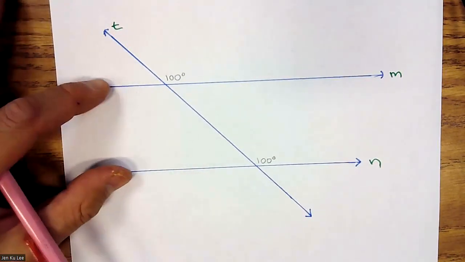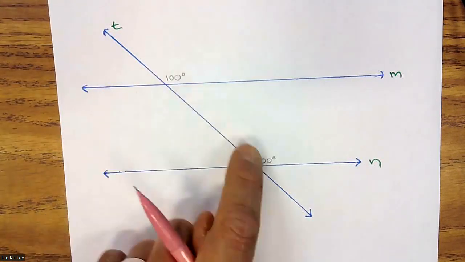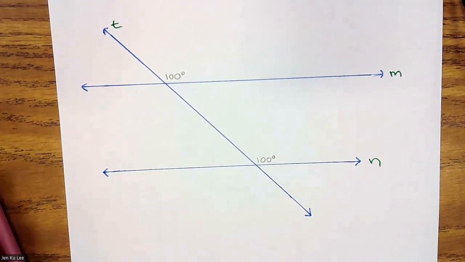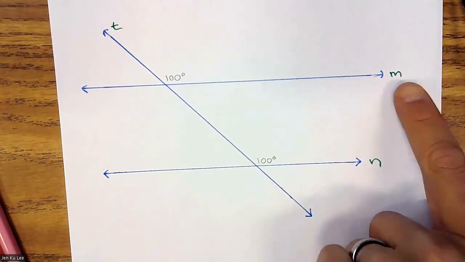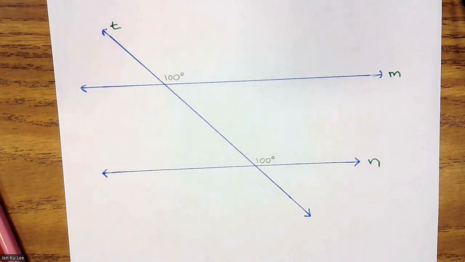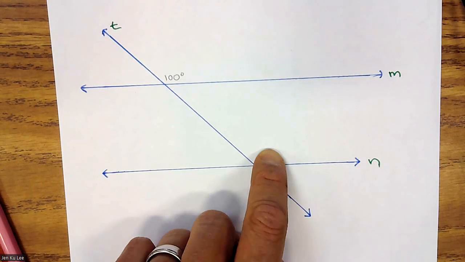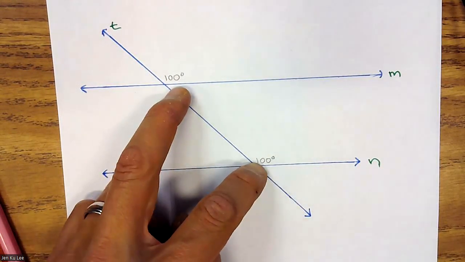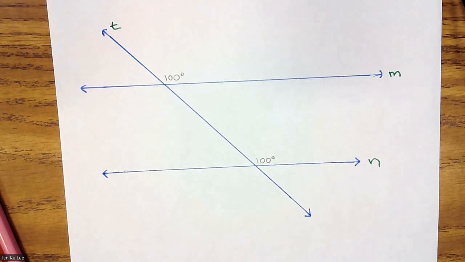I don't know that they're parallel yet, but I do know that these two angles are 100 degrees. Why is line M parallel to line N? Because they are corresponding angles, and you see that they're congruent. If that's the case, then I know that these two lines are parallel.